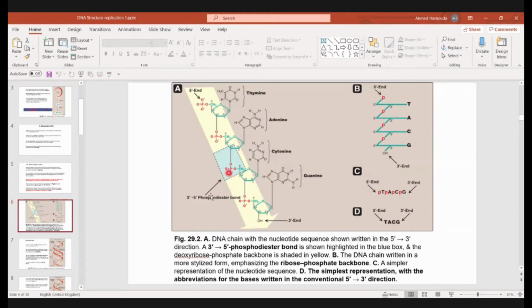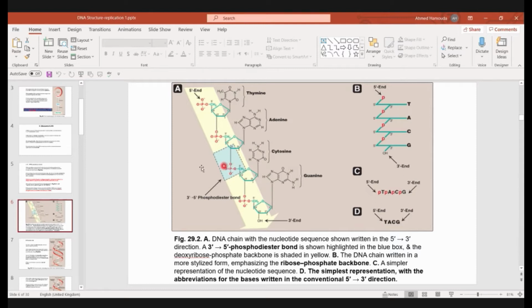So this is phospho because there is a phosphate at 3' and at the 5' there is a phosphate that is linked to the bond. That's why we call it di. Di means two. So there is 3' here, 5' here from the other sugar, 3' for the sugar on the top, 5' on the sugar below, and these are linked by a phosphate. So it is a phosphodiester bond.